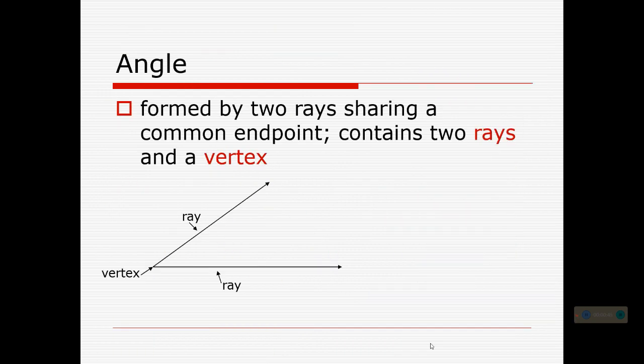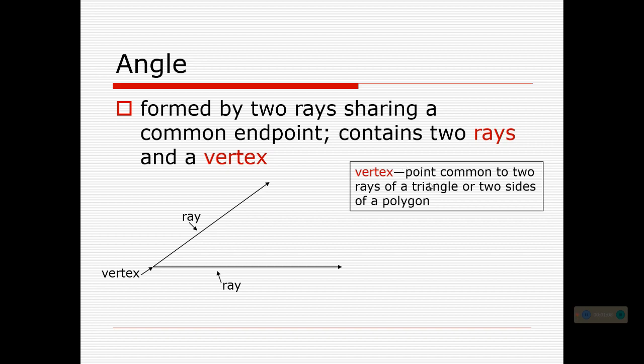So to proceed, let us have the definition of angle. When we say angle, it is formed by two rays sharing a common endpoint. It contains two rays and a vertex. Okay? So as you have seen on the figure, we have here the two rays and the vertex, or the point of intersection of the two rays, or the common endpoint.